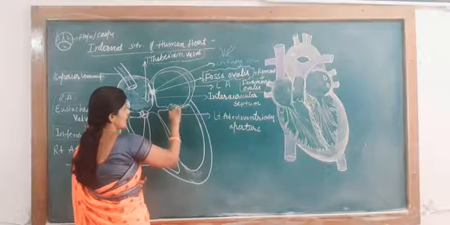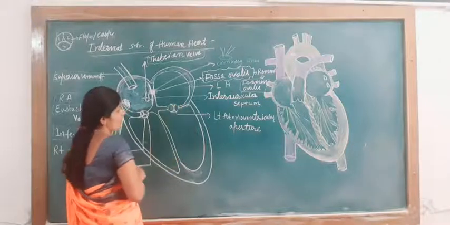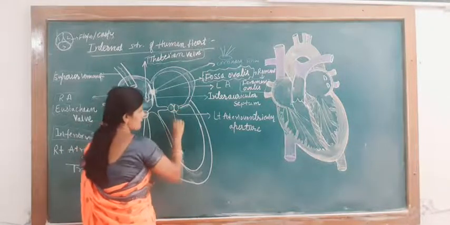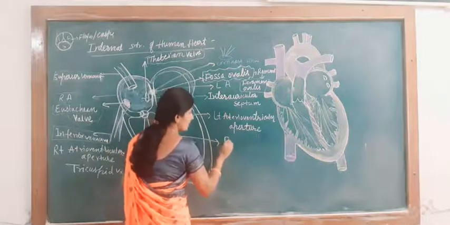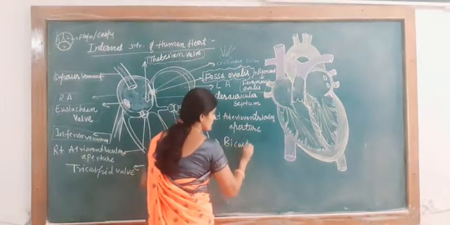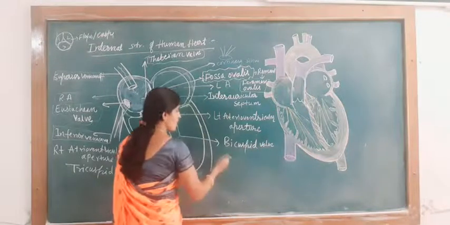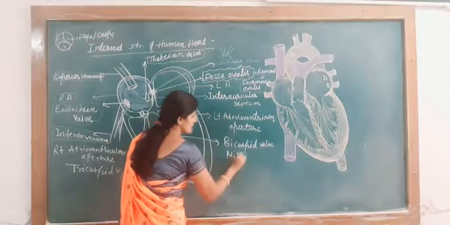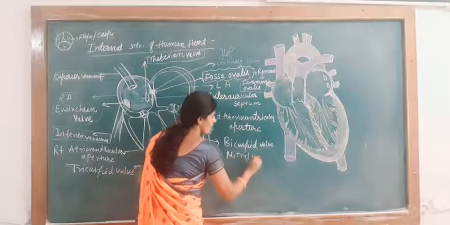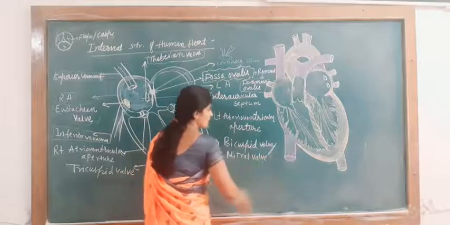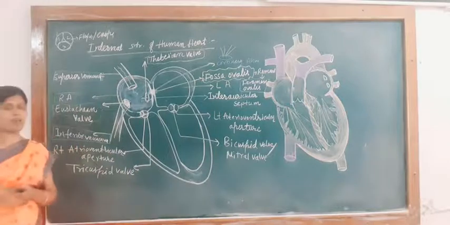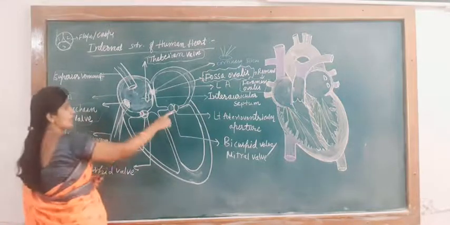Only two cusps, so it is called the bicuspid valve, or the other name for this is the mitral valve.